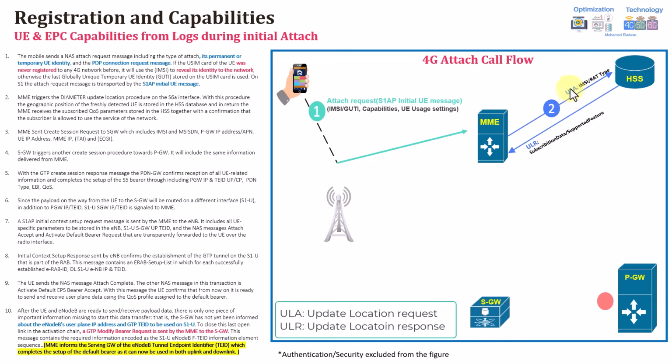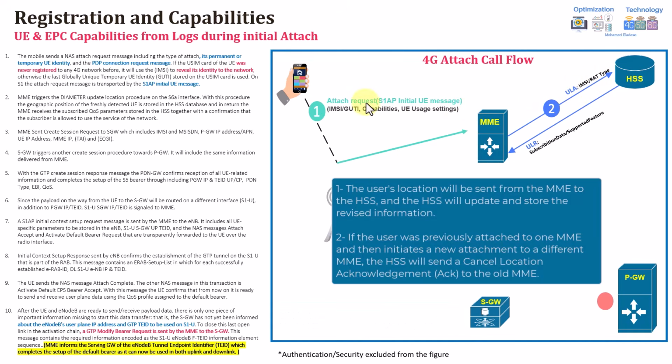This includes what kind of RAT it is, for example 4G, and also the IMSI or GUTI information for this particular user who is being attached. So the MME is requesting the HSS to share the subscription data for this particular user, and also all the related features supported for this user, especially the HSS features. So the HSS will reply with the subscription data and the supported features.